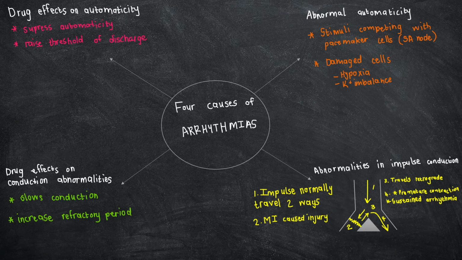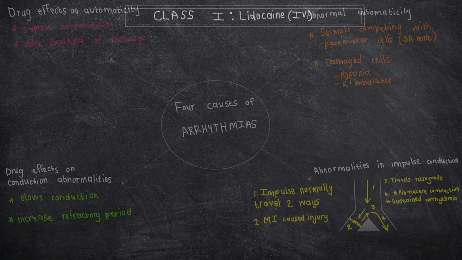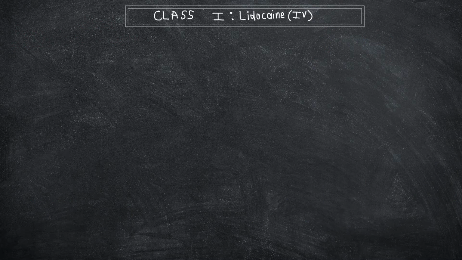So as soon as the first impulse hits the block, it's gonna make a U-turn, return to the crossing, and take the other road. This leads to re-excitation of the muscle, which in return leads to premature contraction or a sustained arrhythmia.